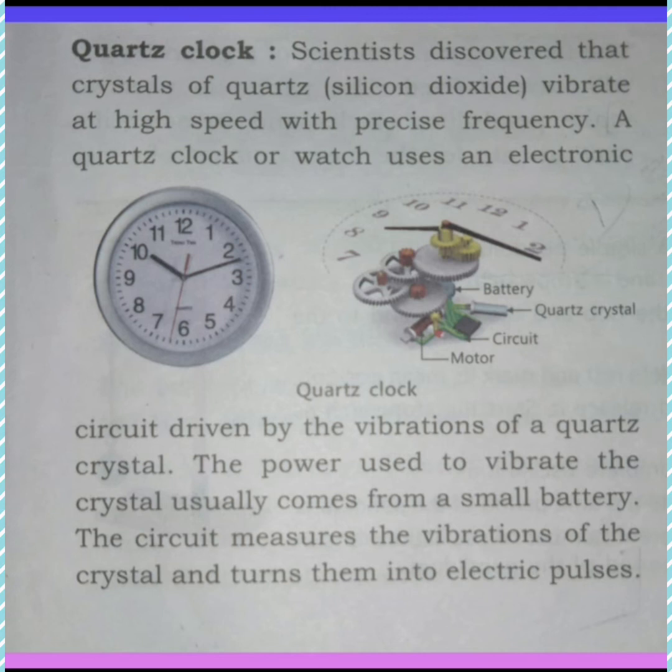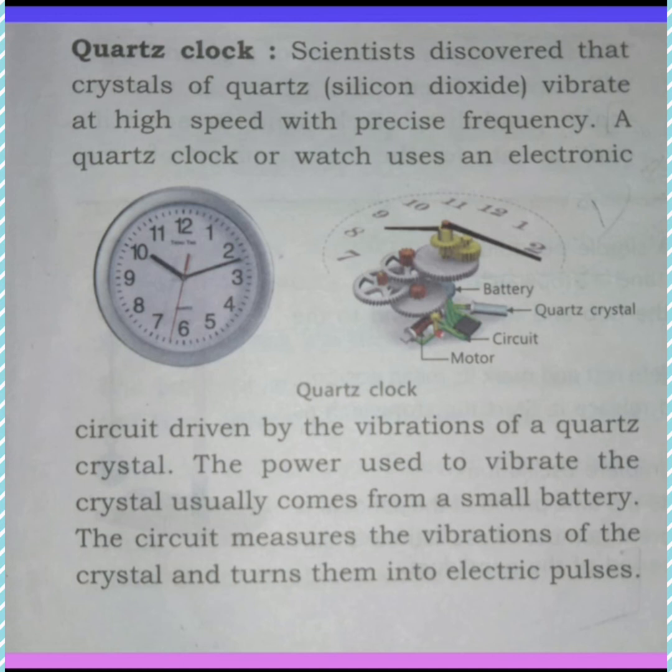A watch uses an electronic circuit driven by the vibration of quartz crystals, and the power to vibrate the crystals comes from the small battery. These vibrations are then turned into electrical pulses, and these pulses are used to drive gears that move hands on a dial or display numbers on your watches and clocks.